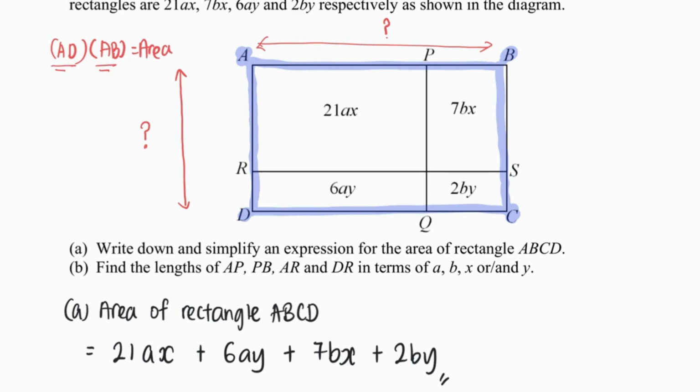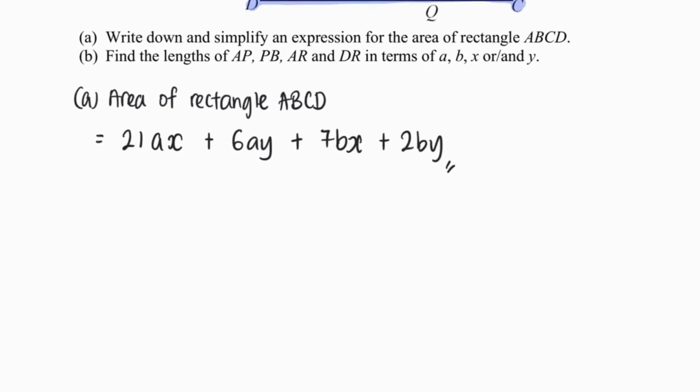This further gives us some clue what we should do to the area that we have found in part A. So if we are able to factorize the expression found in part A, then we will be able to somehow find the length and breadth of this area. So this is what Mr. Tan is going to do.